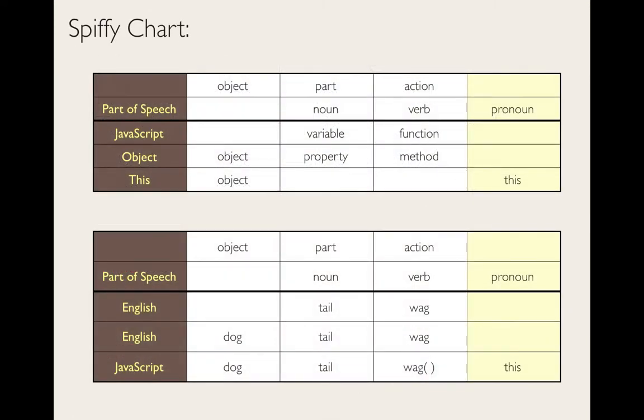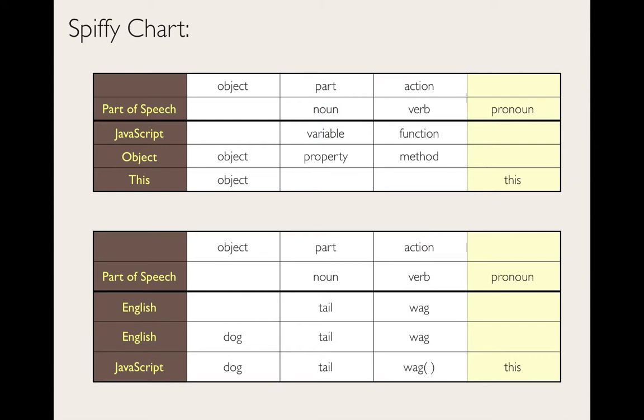You can kind of think of this as a pronoun. If we have nouns that are variables, when they're attached to an object, they're a property. You've got functions that are kind of like verbs. When they're attached to an object, they're a method. This is kind of like a pronoun that points to an object.